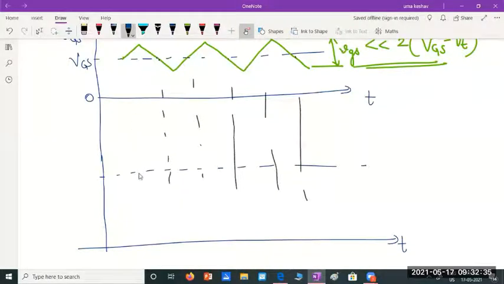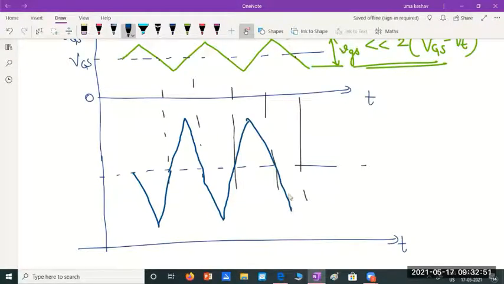In the positive half cycle here, output would be in the negative half cycle, and in the negative half cycle, output would be in its positive half cycle. So you would see something like this. I hope you are following. It is just the reverse in phase but an amplified version.